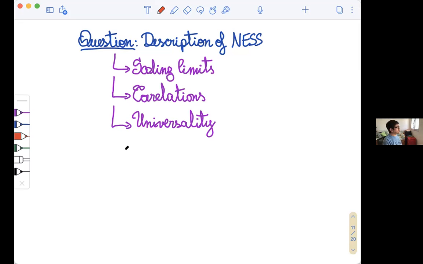Okay. So then also a natural question, something that people want to know, is the correlations of these measures. When lambda is equal to 0, the invariant measure is product. It means that if you have two different sites, the correlation between them is 0. So when lambda is different from 0, you want to know what's going to happen. What is interesting about these models is that they have this long range correlations phenomenon.